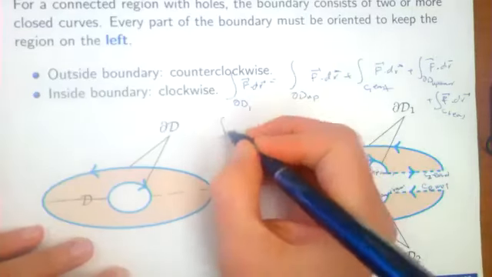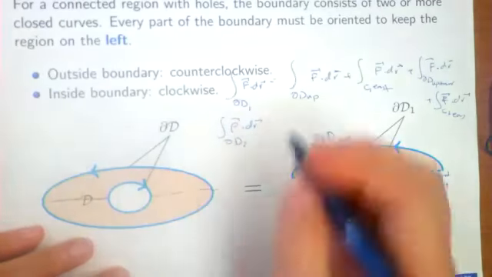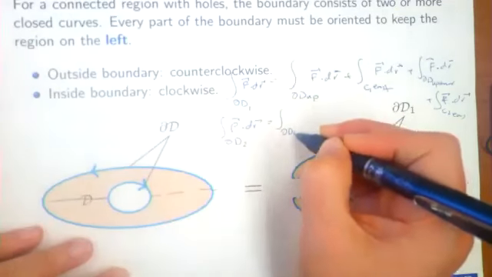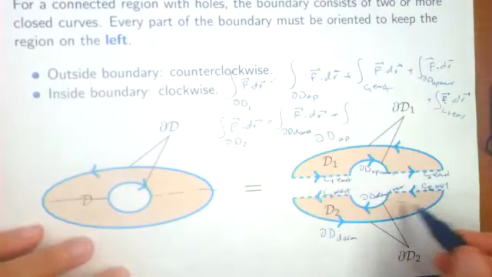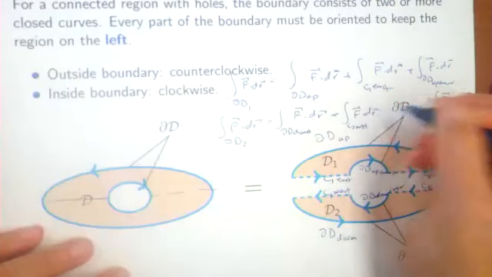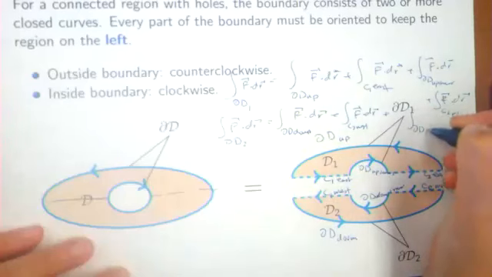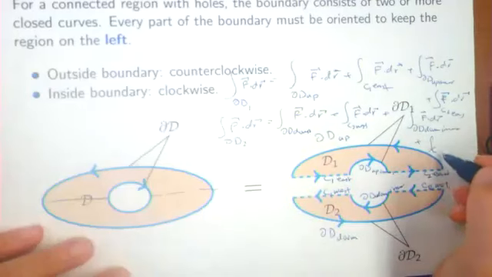You can do the same thing for F dot dr in the region 2, and what you get is the one on the down plus C2 west plus over here boundary down inner and plus the last piece is C1 westbound.